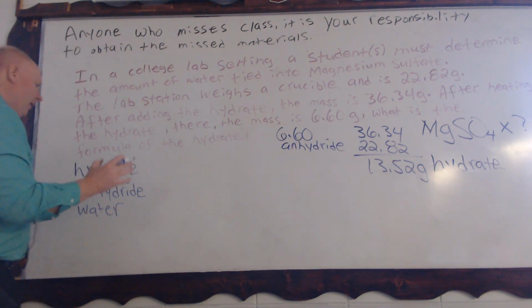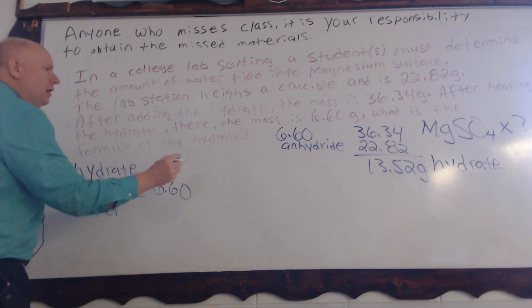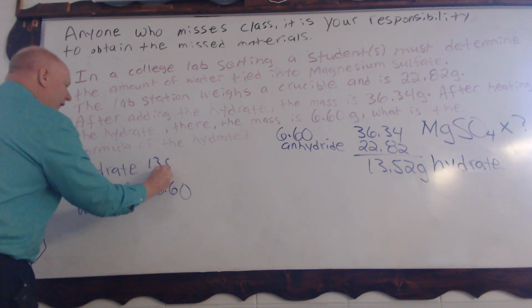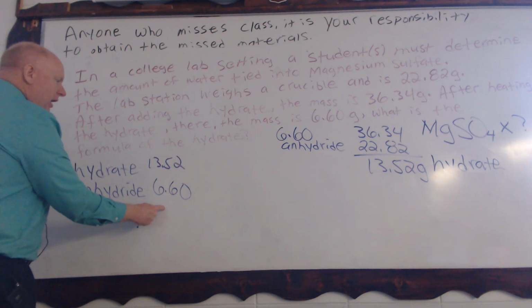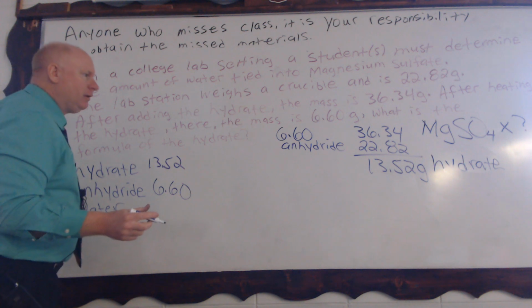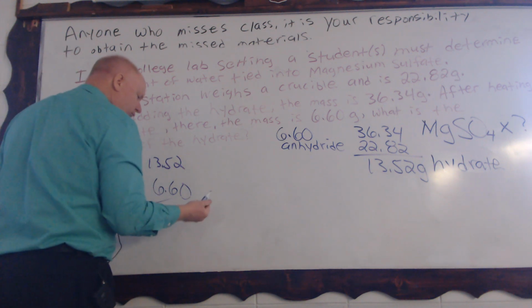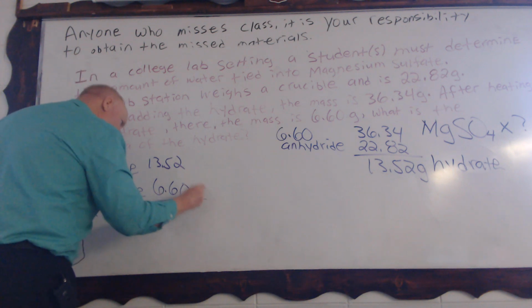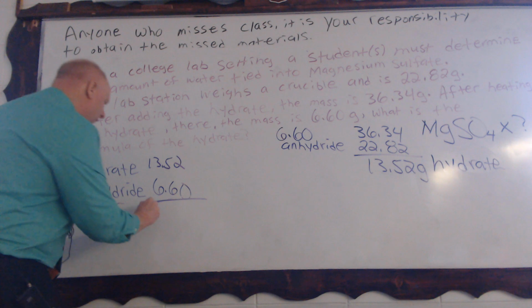So we have that right here, 6.60. This one was 13.52. So then how much water did we drive off of this? You got to subtract those two. And upon doing that, what do we get? 6.92.